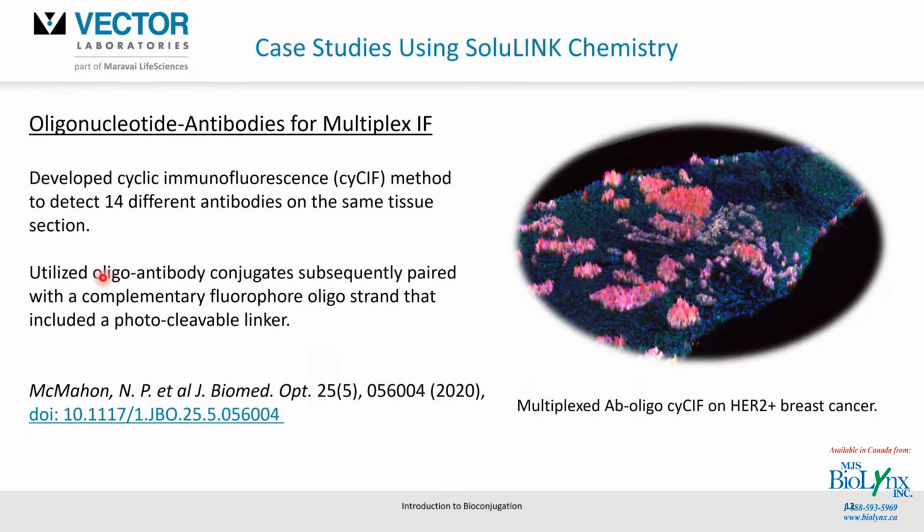They utilized these antibody oligo conjugates and unique complementary strands, and they didn't have to worry about secondary antibodies. I think that was pretty neat, and this is certainly going to be developed forward, and I do believe that other platforms are very similar out there at the moment.